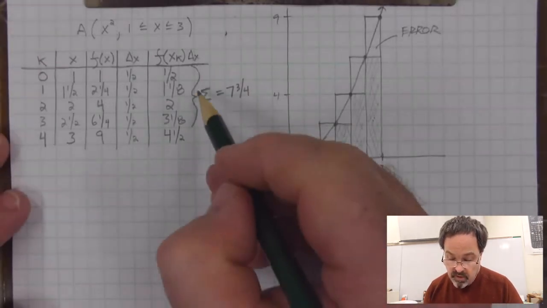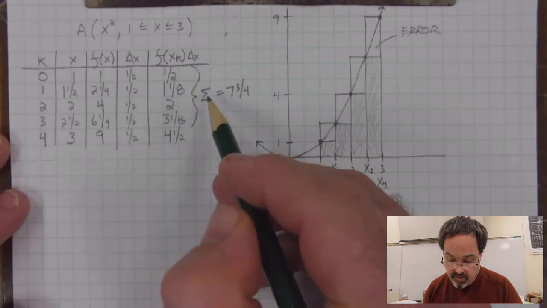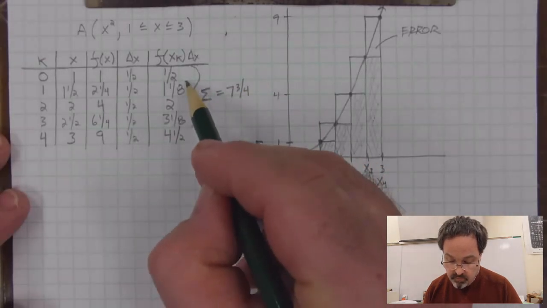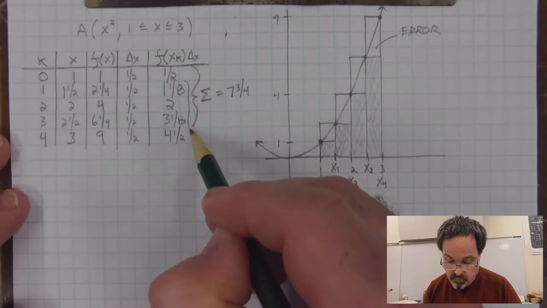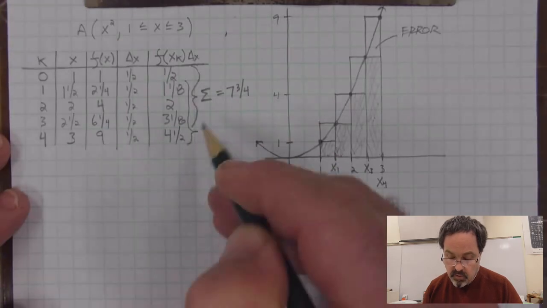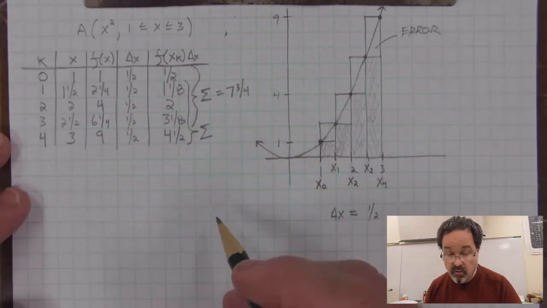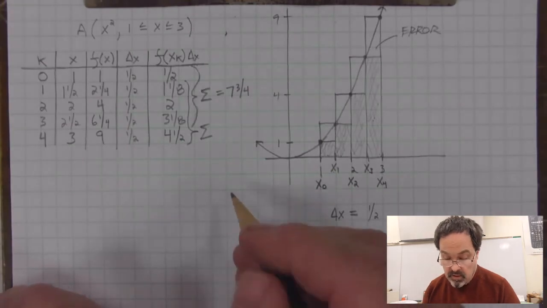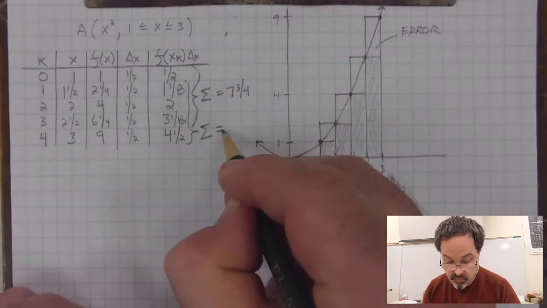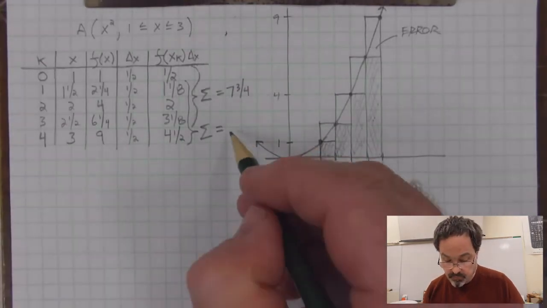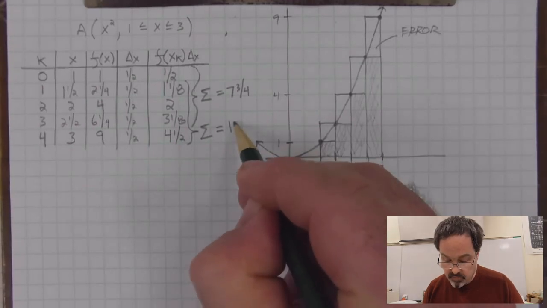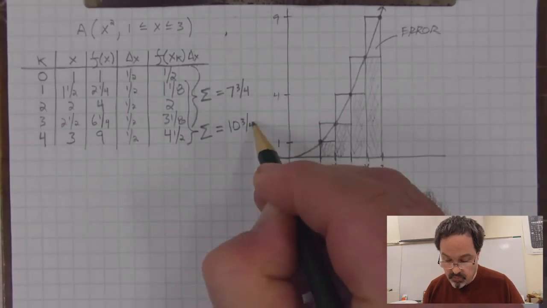In other words, it's the sum of the last 4 rectangles in my table, which produces an overestimate. And if we sum the last 4 rectangles together, we get a sum of 10 3/4.